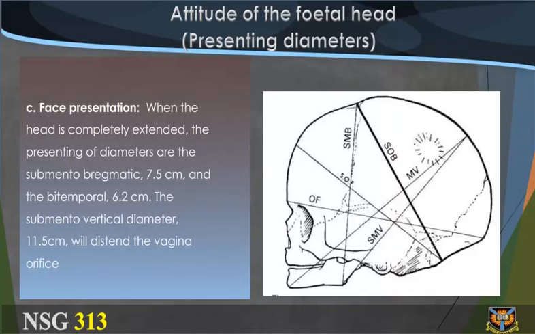C. Face presentation. When the head is completely extended, the presenting diameters are the submentobregmatic, 7.5 cm, and the bitemporal, 6.2 cm. The submental vertical diameter, 11.5 cm, would distend the vaginal orifice.